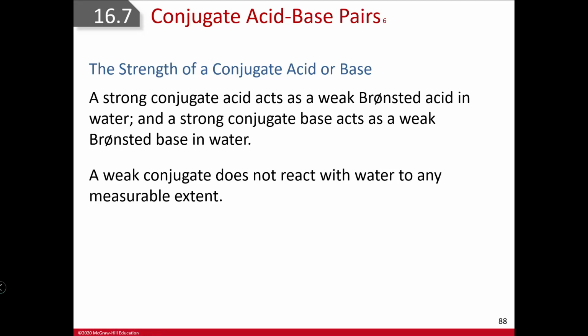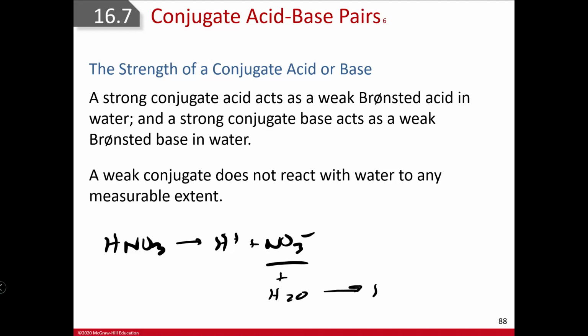like, for example, the nitrate that we just did. So for nitrate, again, where does nitrate come from? It comes from the strong acid nitric acid, and the nitric acid goes 100% to this. So this is a weak conjugate base. There's no way that's going to react with water and form a strong acid plus the hydroxide ion.